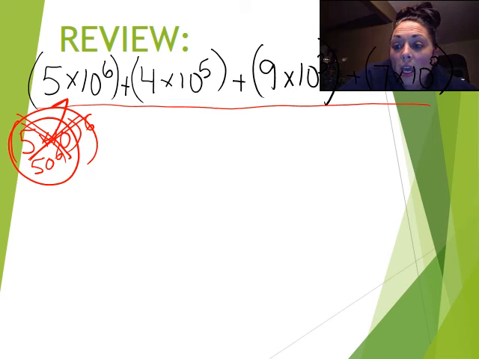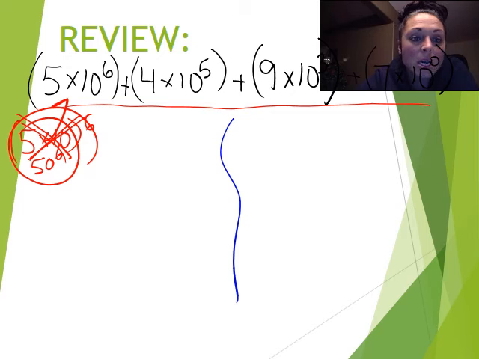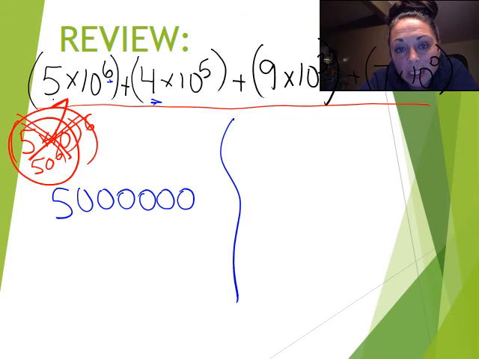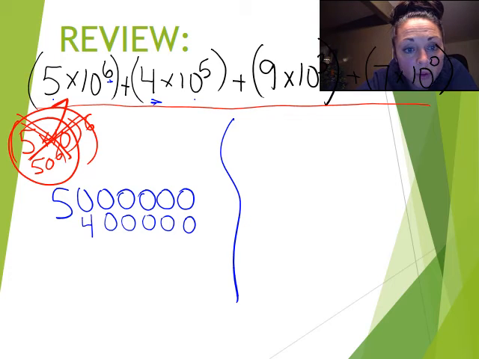So if I wanted to know the answer to this written in standard form, I could do it, yes, in my calculator. I could plug it all in, find the answer. Or I could do it two different ways. I could say, all right, I have a 5 with how many zeros after? 1, 2, 3, 4, 5, 6. All right, I have a 4 with how many zeros after? 1, 2, 3, 4, 5, and I put a 4 there.